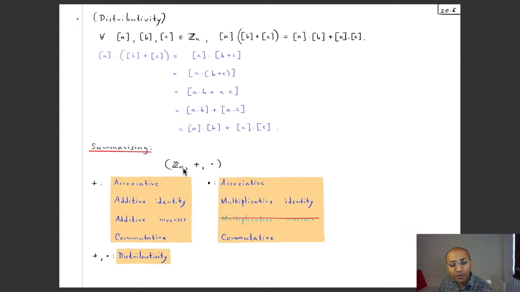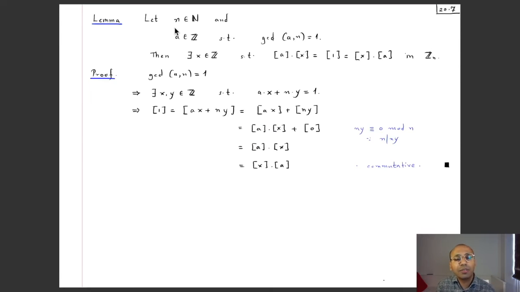However, if n happens to be a prime number, then it turns out that this does form a field, and we will see that soon. But let us first see, even for general n, it may be that some elements do have a multiplicative inverse. So let's see a result about that. We will now show the result, which says that if n is any natural number and a is an integer such that a and n are relatively prime, then the equivalence class containing a is invertible in Zn.